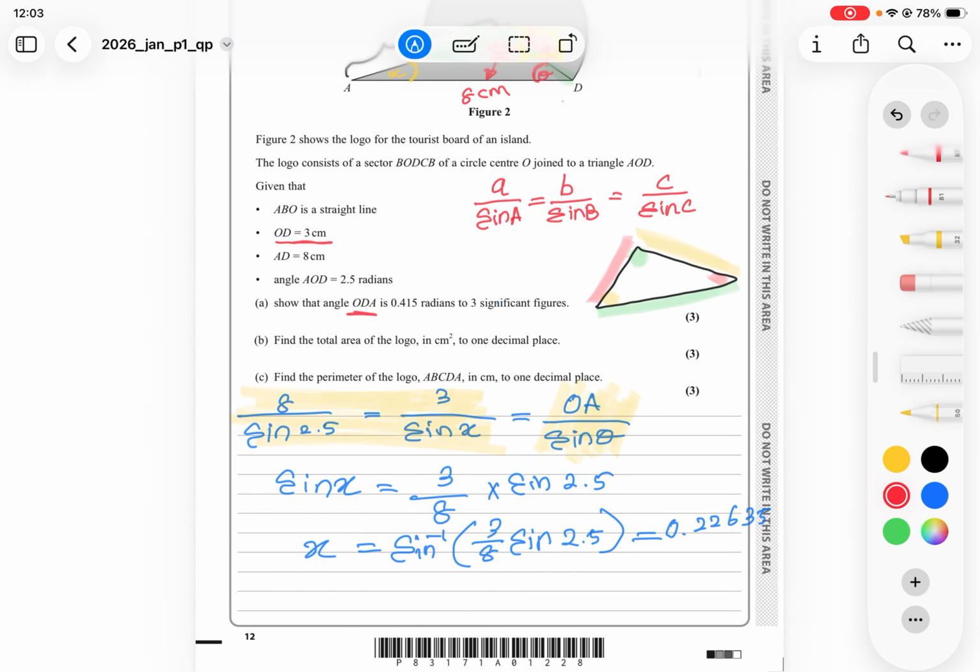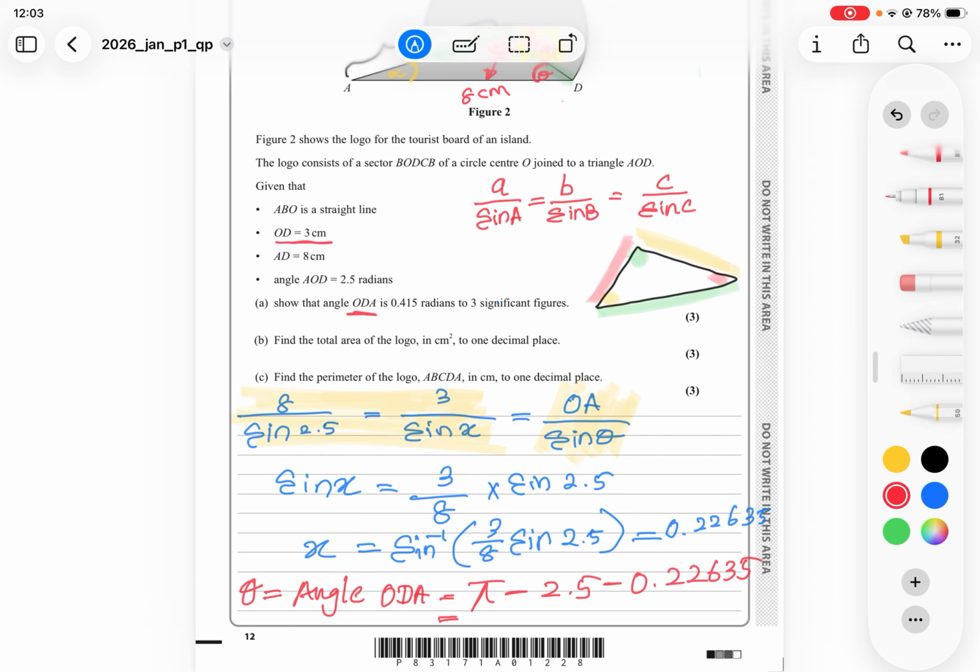So theta, which we represented as angle ODA, we can take as pi minus 2.5, also minus 0.22635.